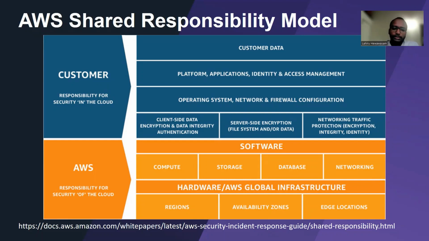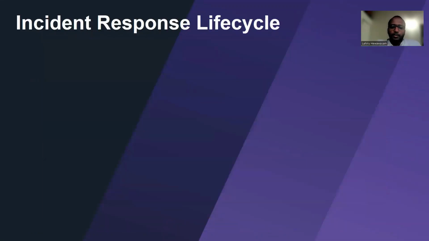And of course, at the end of the day, the customer's data is also the customer's responsibility. The customer must protect all these assets that they spin up on the cloud. So this is where we need to pay attention to the incident response and the incident response lifecycle.